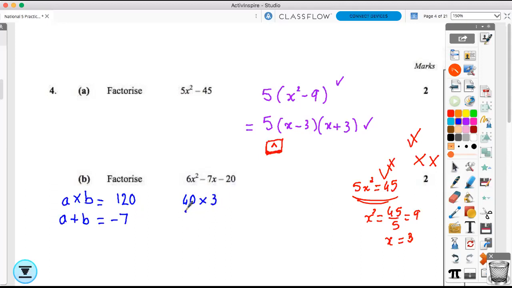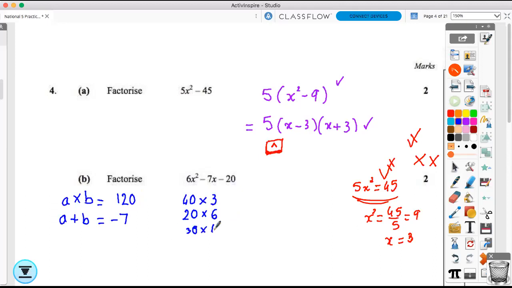If I do 20 and 6, we tried that, it wasn't working. So what would be the next one? I can divide by 4. So what's 120 divided by 4? 30.